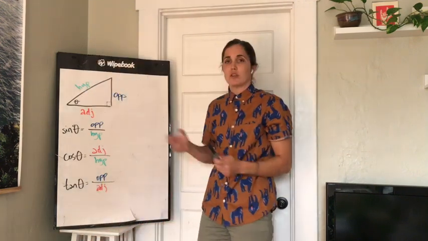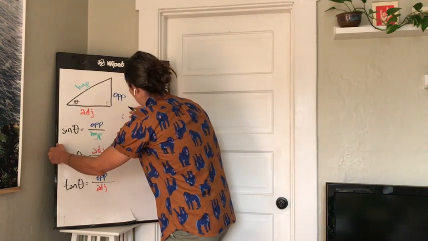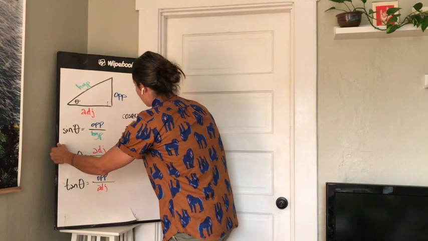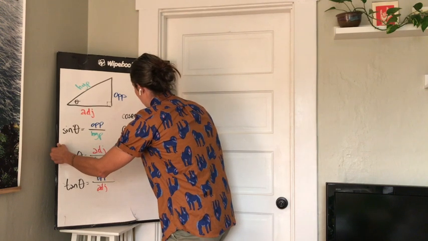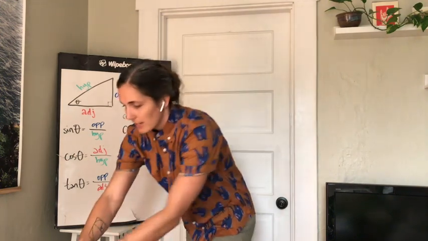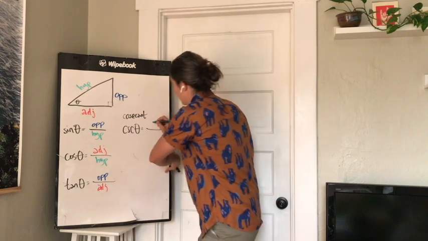The reciprocal of sine is called cosecant, abbreviated as CSC. Here, that means the cosecant of theta is going to be defined as hypotenuse over opposite.